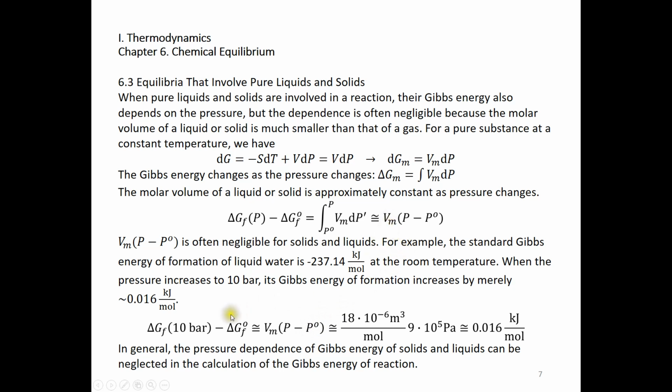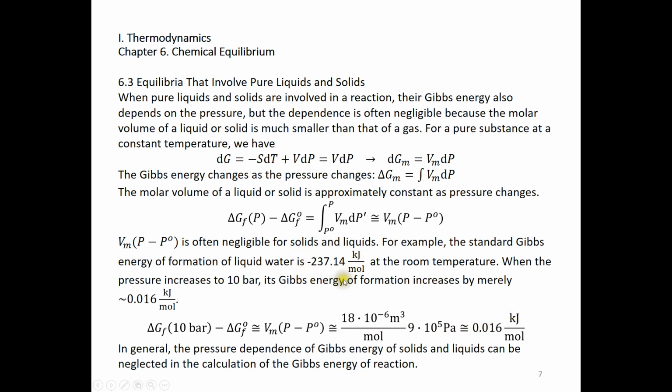What's the molar volume of water? It's roughly 18 milliliters per mole. And then we have this pressure difference expressed in the unit of pascals. We do the multiplication, and we get 16 joule per mole, or 0.016 kilojoule per mole.